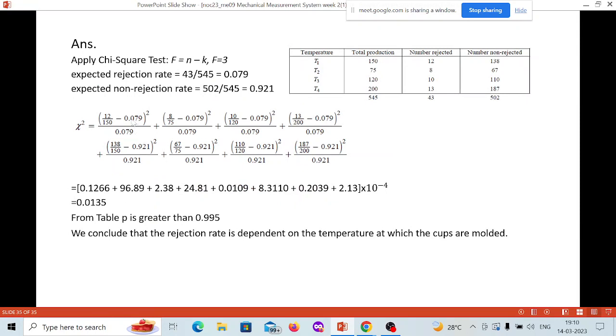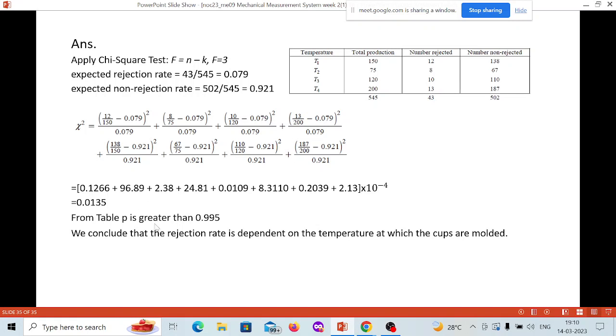So if you substitute all the values and calculate, you get 0.1266 plus 96.89 for all the individual values. When you sum it up, you get 0.0135. The chi-square value is 0.0135.